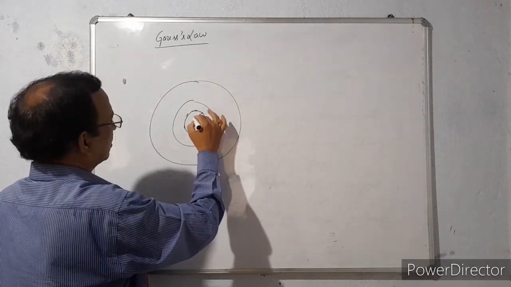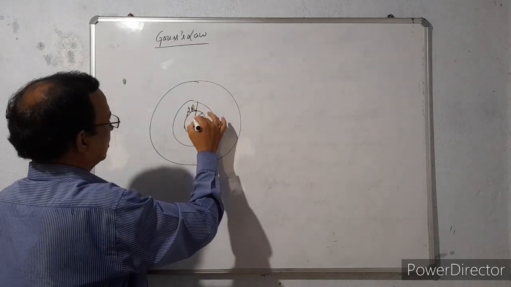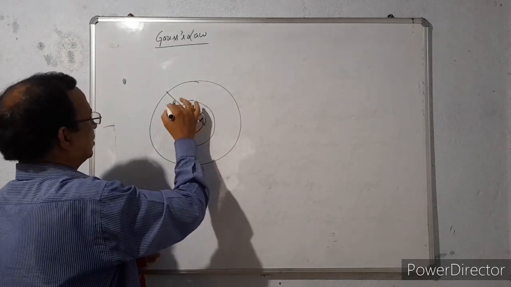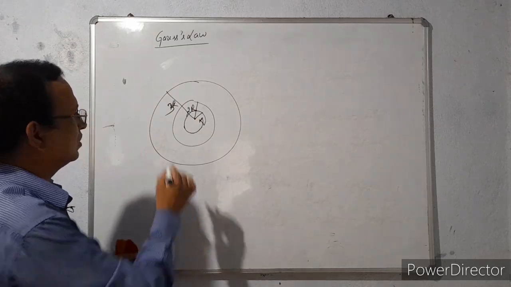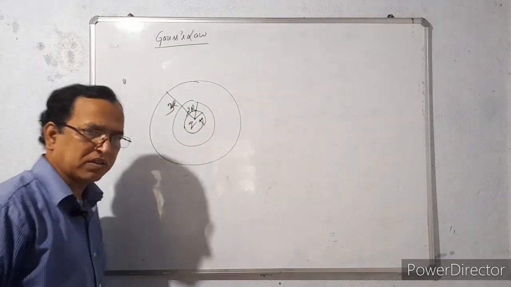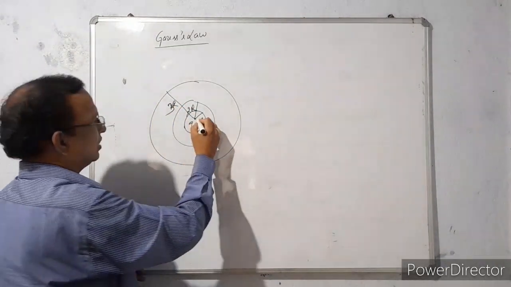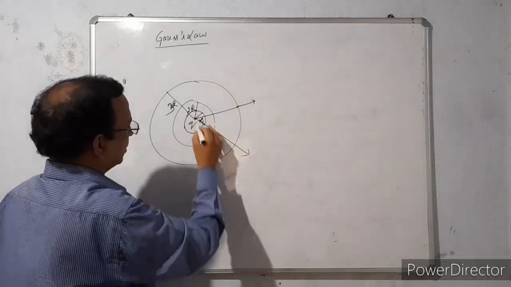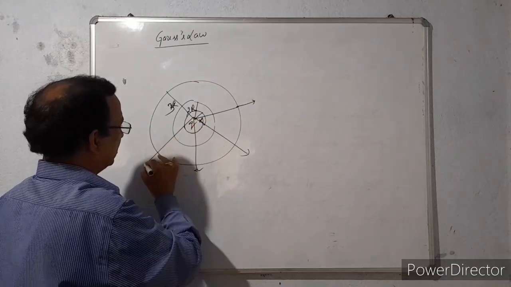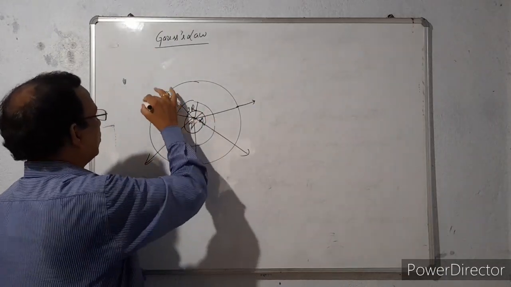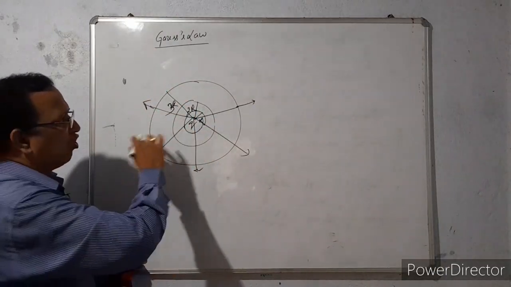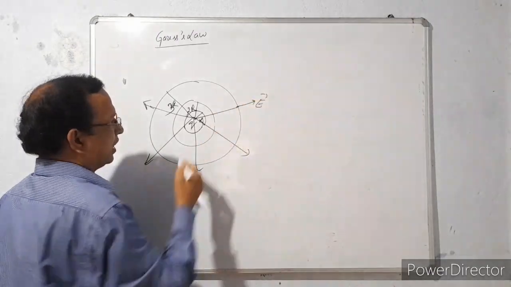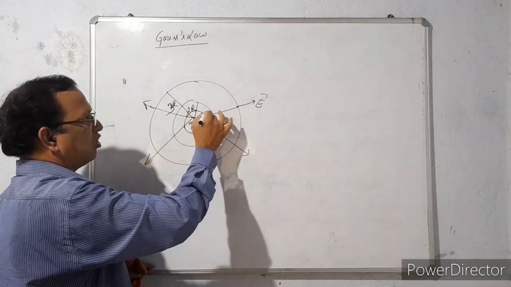This is R, this is your 2R, this is your 3R. In all cases, what is your flux? Suppose this is the E, this is the E. If we find out the flux, all the electric field lines cross all these spheres.